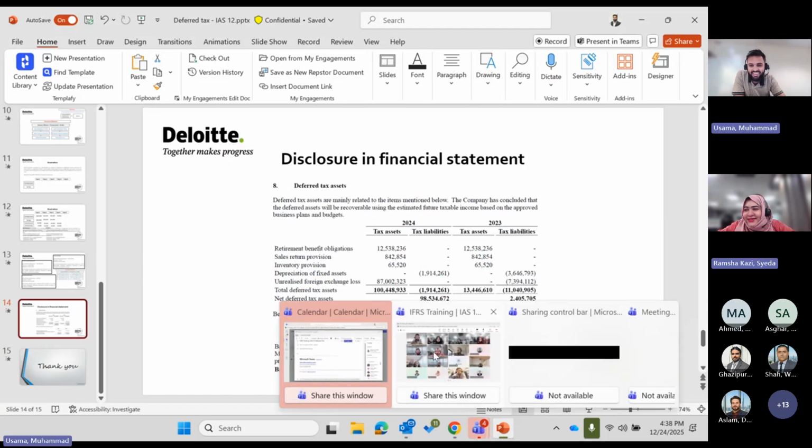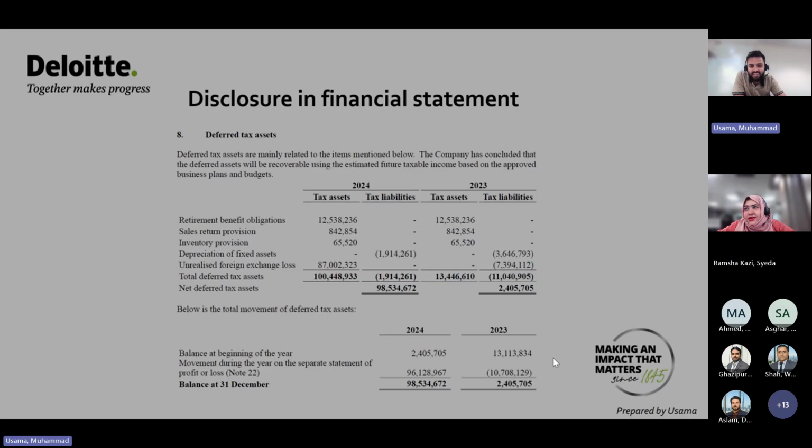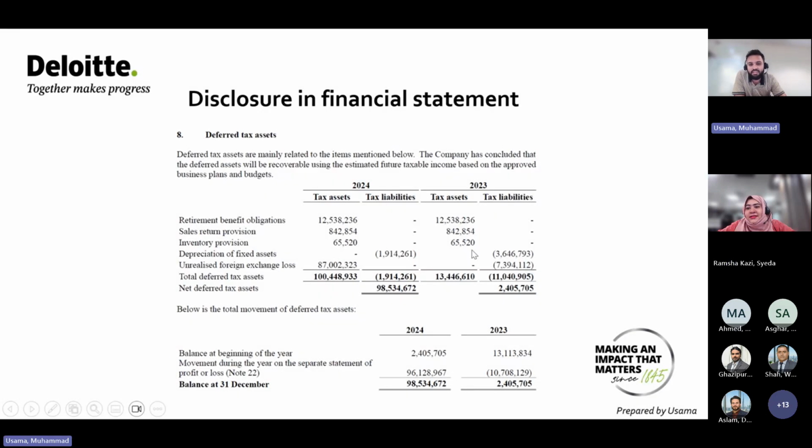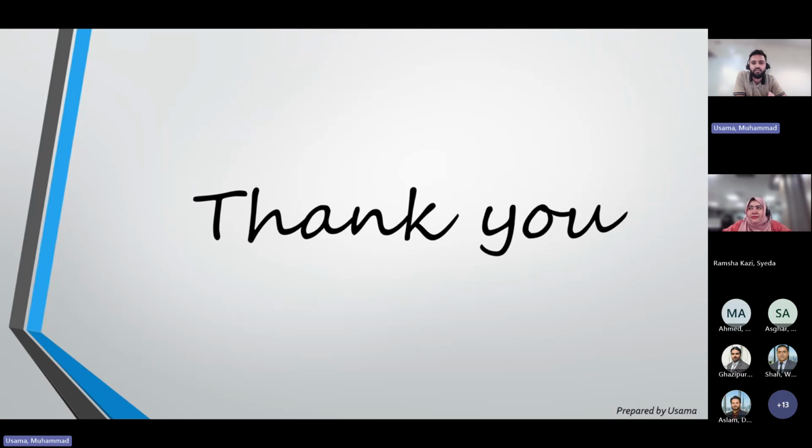No, your mic is not muted. I think we are good. We can move forward. This standard is small, and this is the basic view of deferred tax. So this is the basic idea of deferred tax, and I want to cater to some questions if anyone has any.